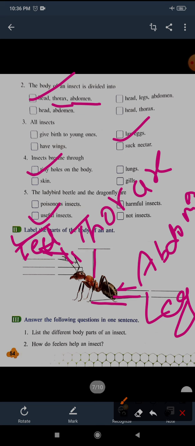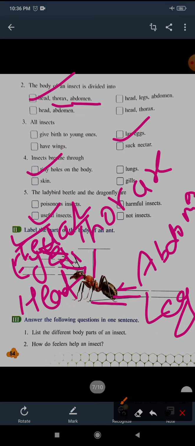The insect feels things with the help of these antennas, which are called feelers. That upper one, showing on the head, is its eye, E Y E. And the last one is the head, H E A D. So these are all the answers for section 2.